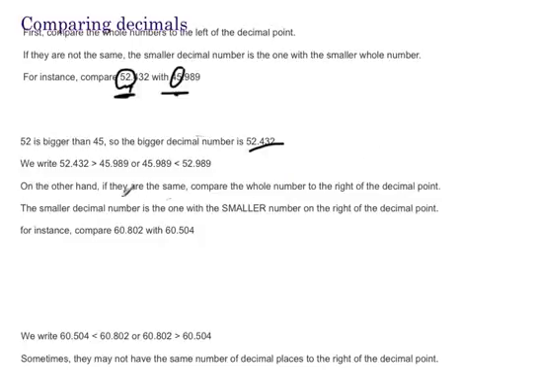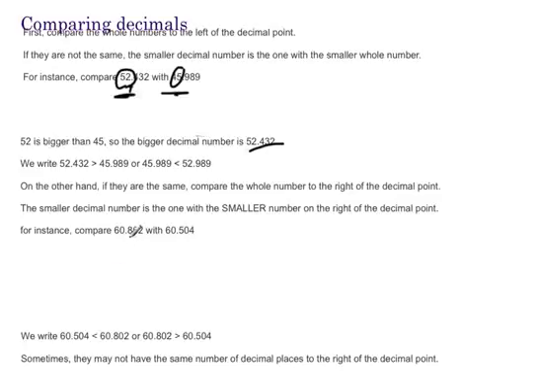On the other hand, if the whole numbers are the same, then you would compare the next number to the right of the decimal point. So if you look at my examples right here, I have 60 and 802 thousandths and 60 and 504 thousandths. The 60s are the same. So we next move past the decimal point to the right.